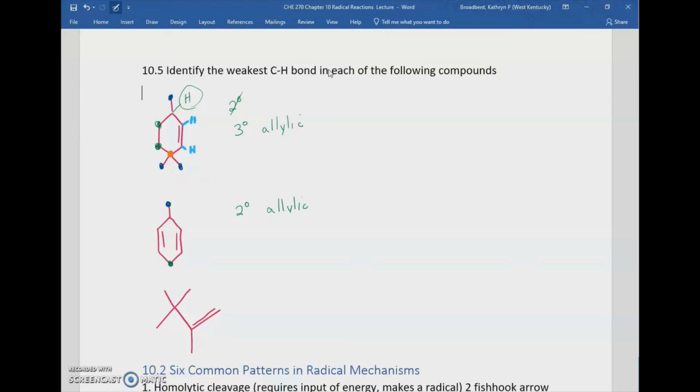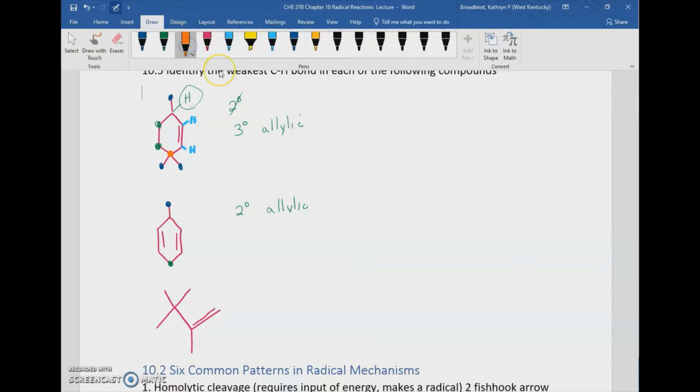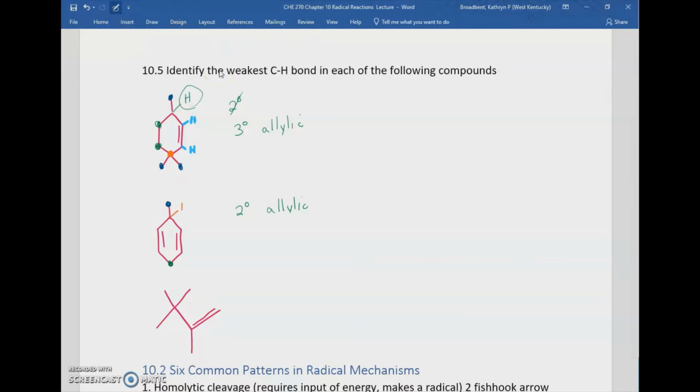So those are both really good things. But what if we pull this one? If we pull not that hydrogen, if we pull that one, it's tertiary and allylic. And so that's going to make the most stable free radical, if we can put a free radical there.